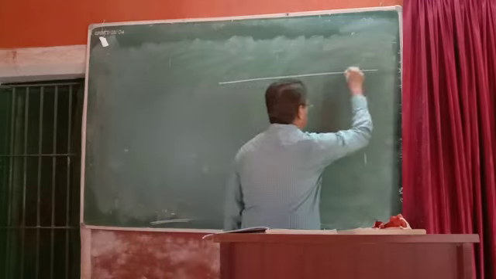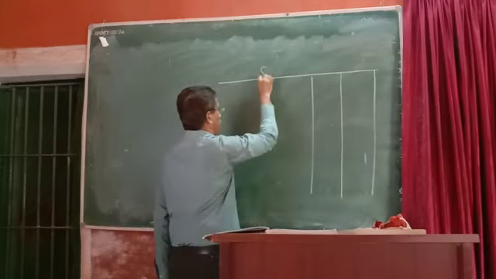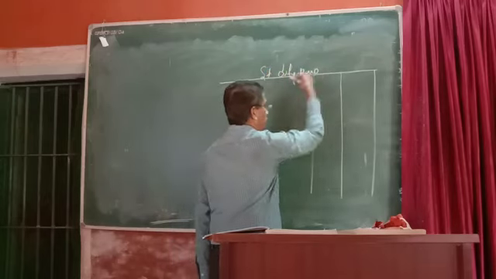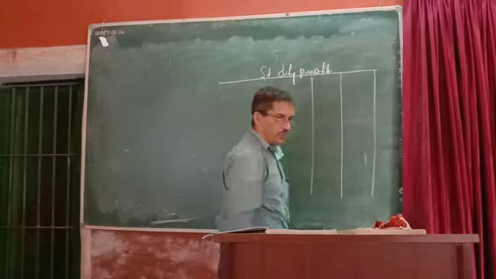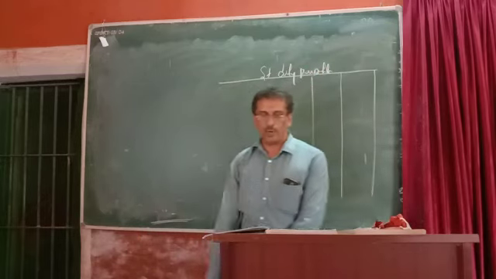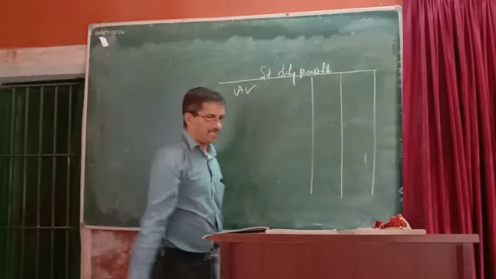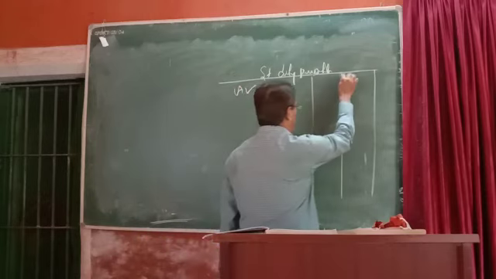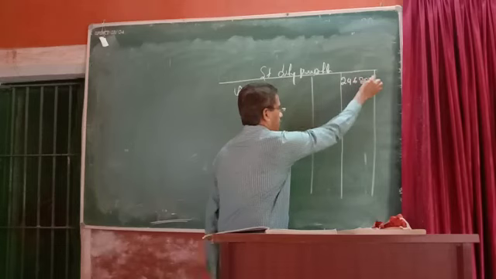Statement showing duty paid. First, what we are supposed to do here is write the accessible value. What is the accessible value found here? 24,68,000.